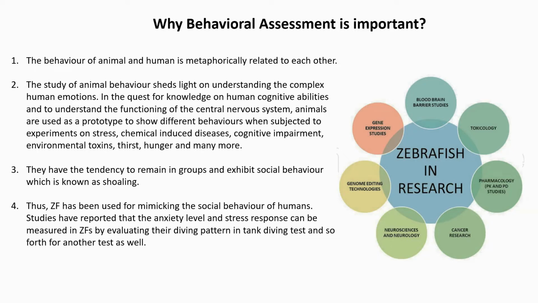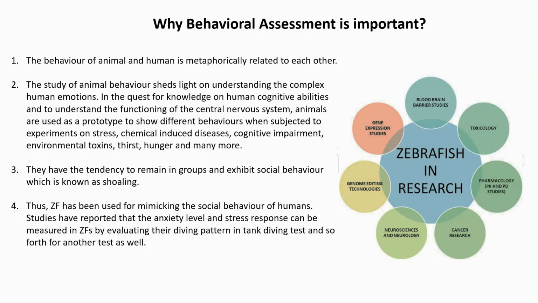So they have the tendency to remain in groups and they exhibit social behavior, which is known as shoaling. And we as humans, we like to be social all the time, isn't it? So if our experiments concern how social they are, zebrafish is a very, very good model to be used.